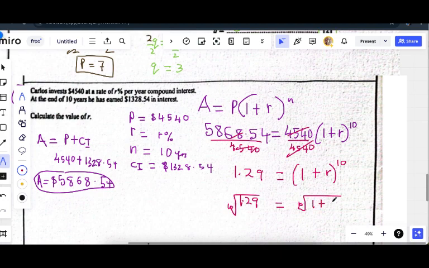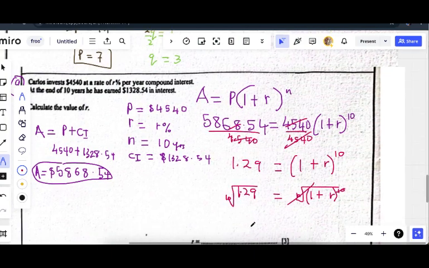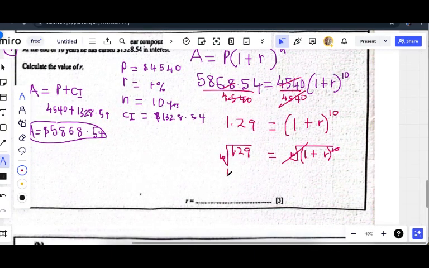Okay, so we have 1 plus R, everything raised to power 10, and the power cancels. We get 1.026, approximately, equal to 1 plus R.